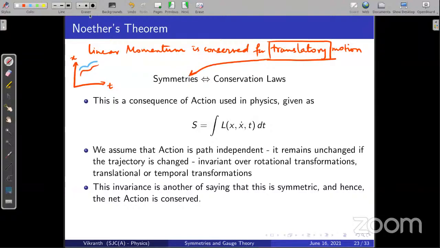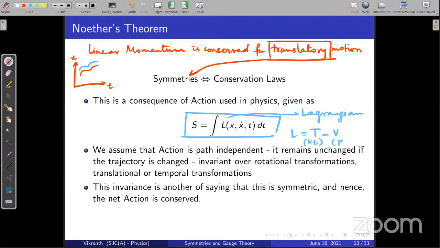There is much more to this. Noether's theorem deals with the fields and everything. It deals with a quantity called action, the action integral that is defined over here. And this L is called the Lagrangian, which I'm sure most of you have heard about. In general, it's defined as T minus V, where T is the kinetic energy and V is the potential energy.